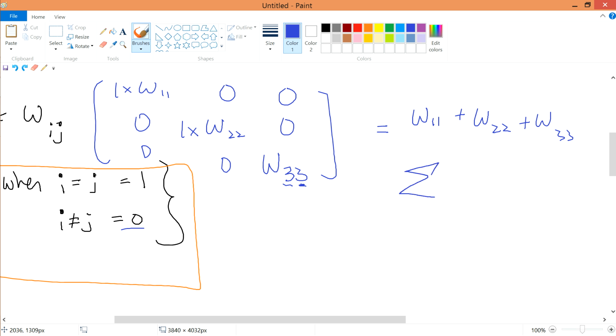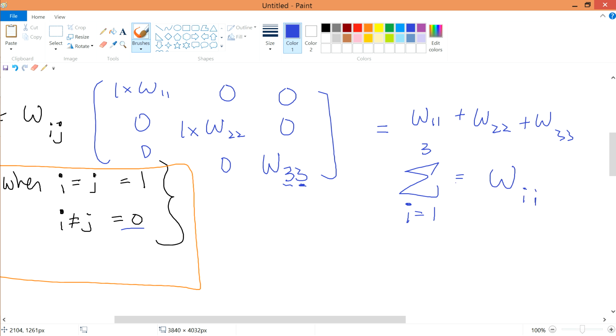I can also rewrite this using the Einstein summation method from i equals 1 to 3, because all of these can now be represented by i only. So I can just write them as t i. If i is equal to 1, then I can write in terms of w11, and so on. Maybe I should write it in terms of wii.